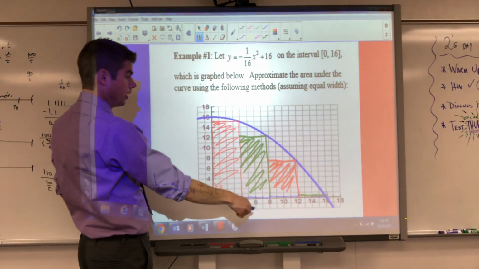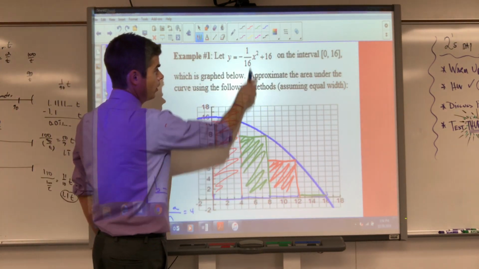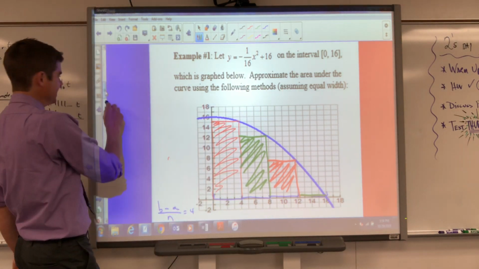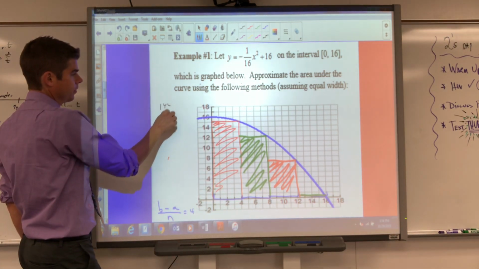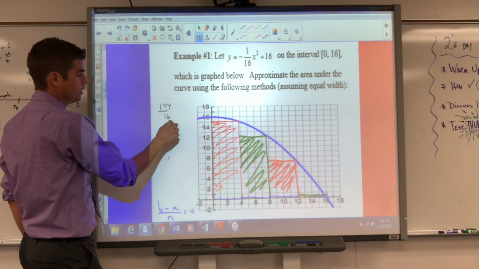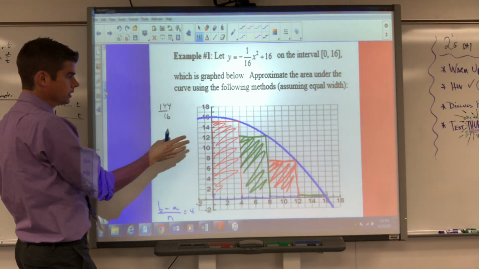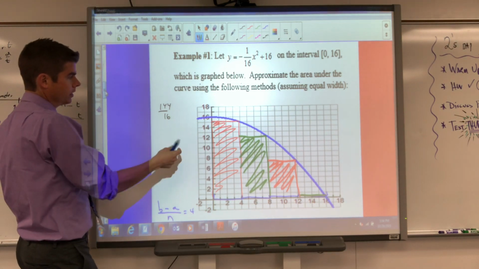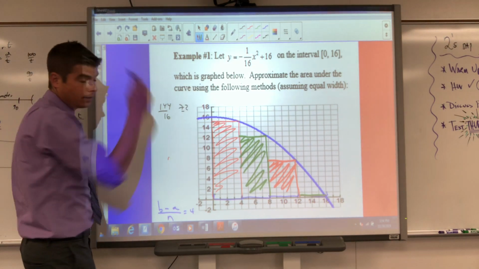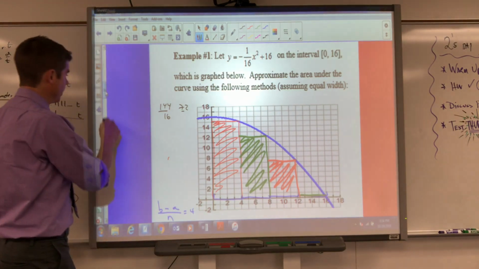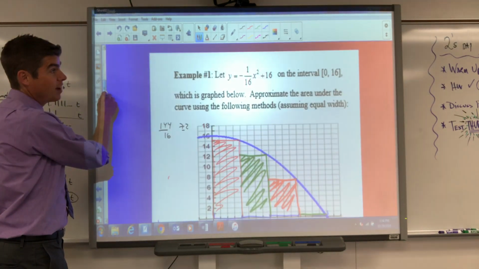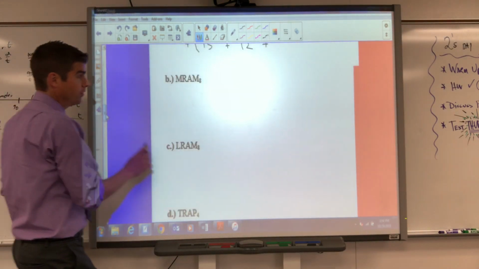12 squared is 144. 144 over 16, what is that? Is that 8, I think? Oh, it's 9. Brain fart, sorry, long day. So it's negative 9 plus 16, which is 7.